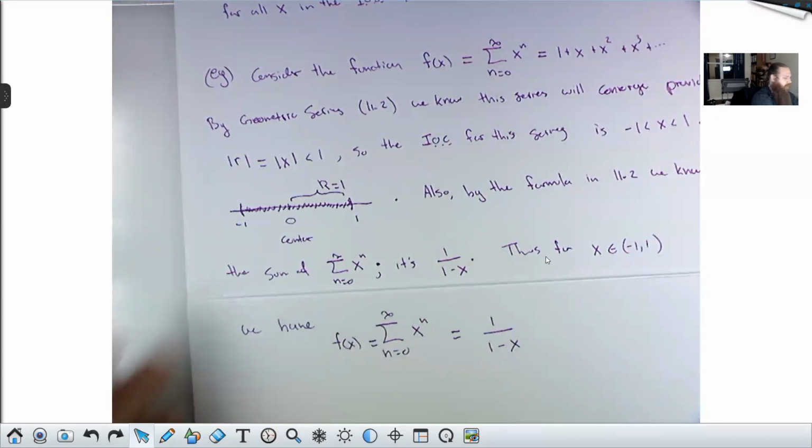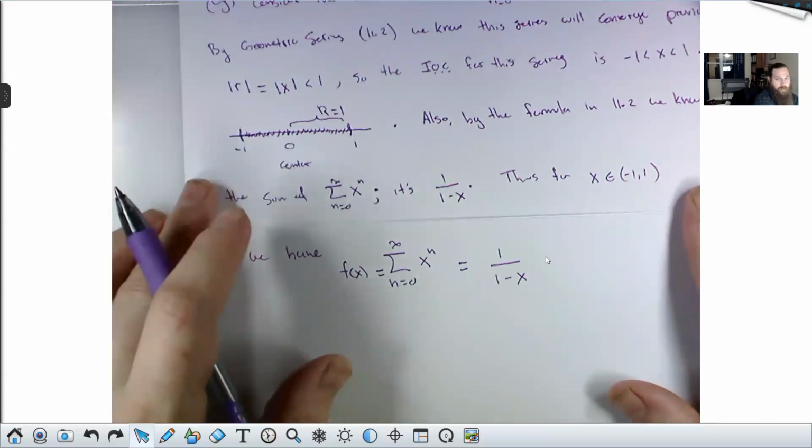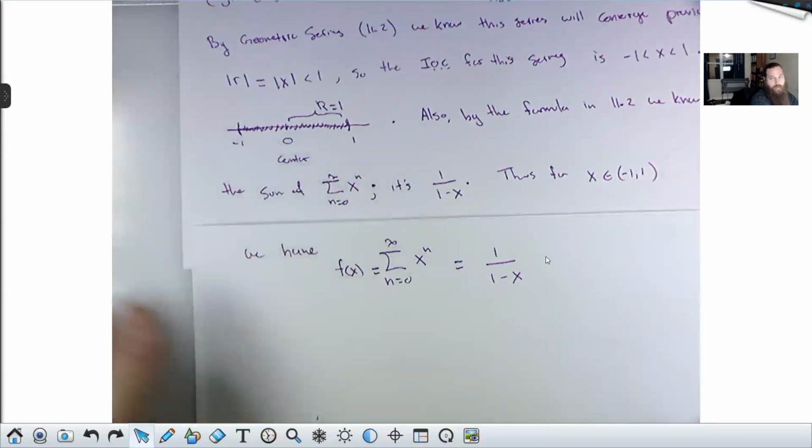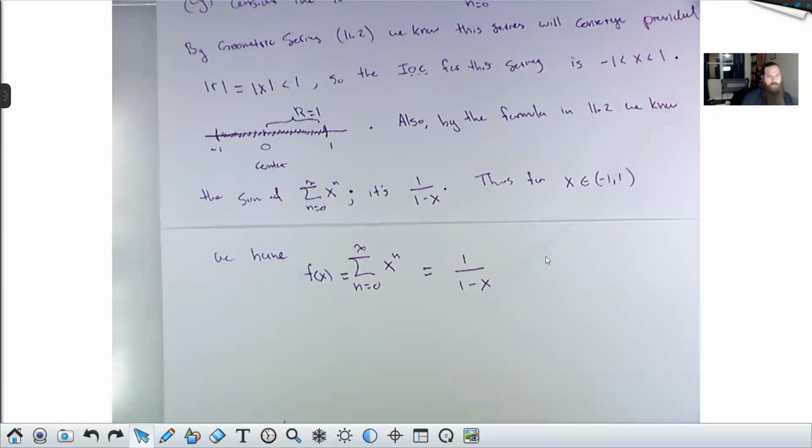We talked about what this looks like last time. You can look at the partial sums of this series as graphs, right? Each partial sum here is a polynomial. And if you graph more and more of those partial sums, the graph gets closer and closer to the graph of 1 over 1 minus x. We saw this last time.